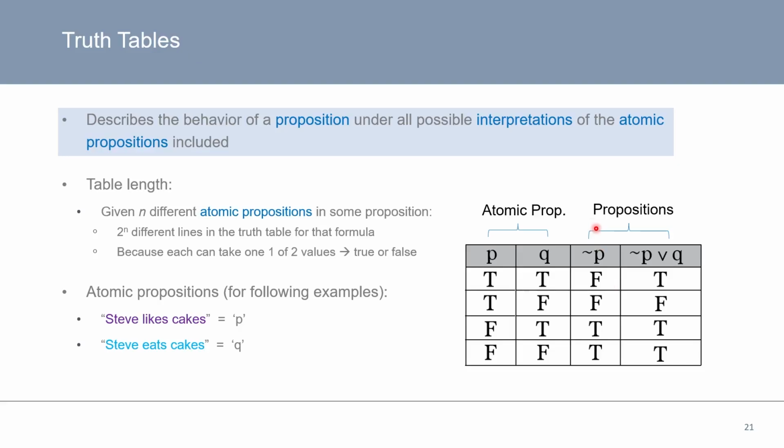For example, in this table we've added the propositions not P and not P or Q. For not P, notice that when P is true, not P is false, and vice versa. This is our first simple example of how truthfulness gets propagated through the truth table. We'll be using this truth table concept to better understand connectives in the following slides.